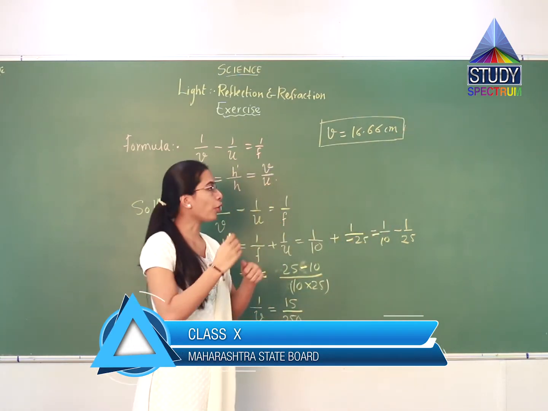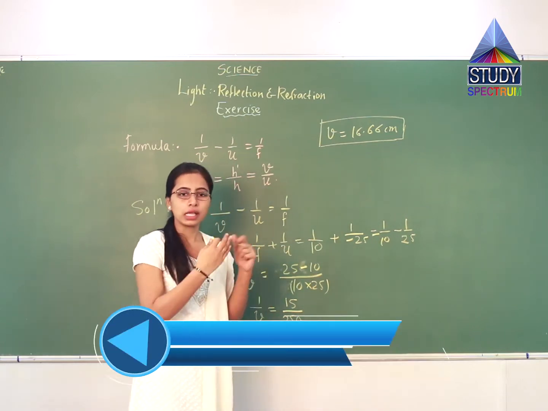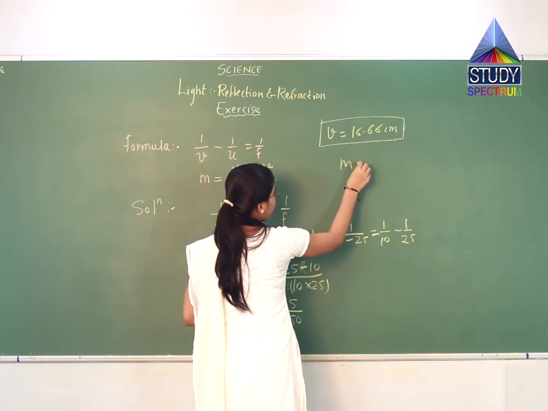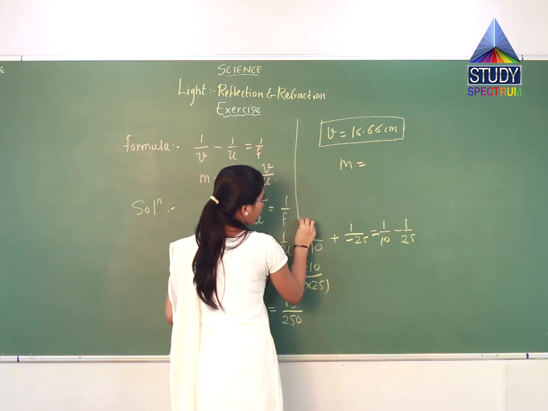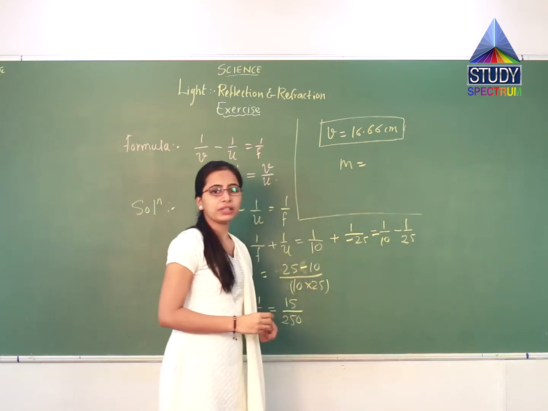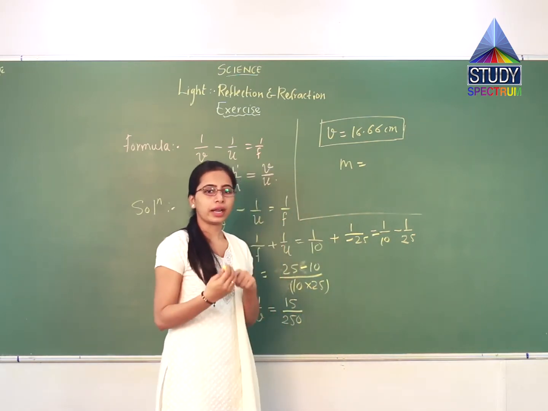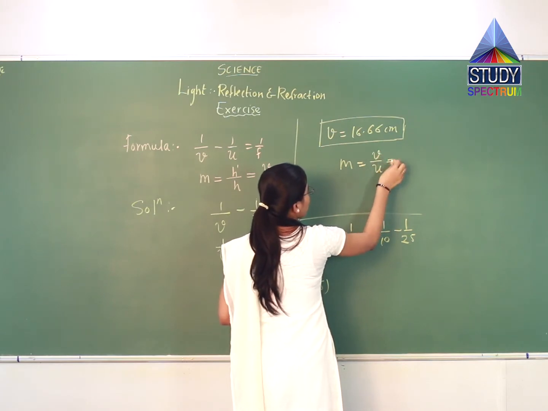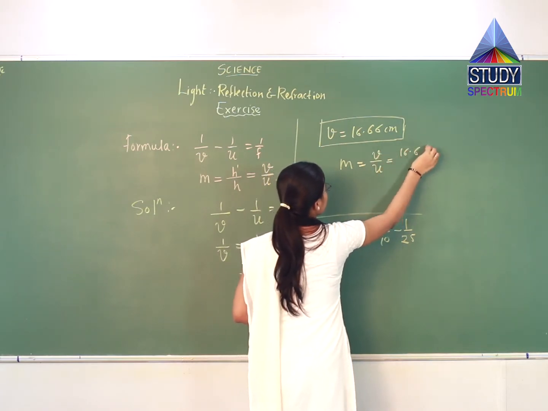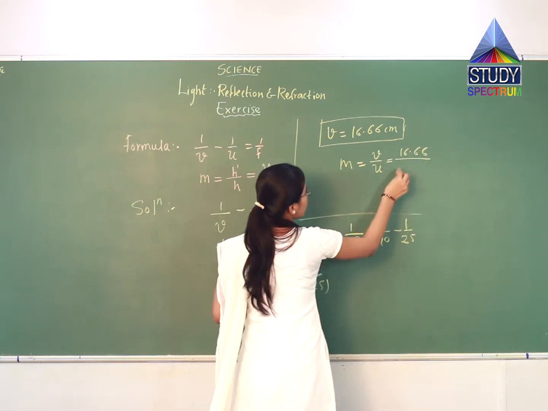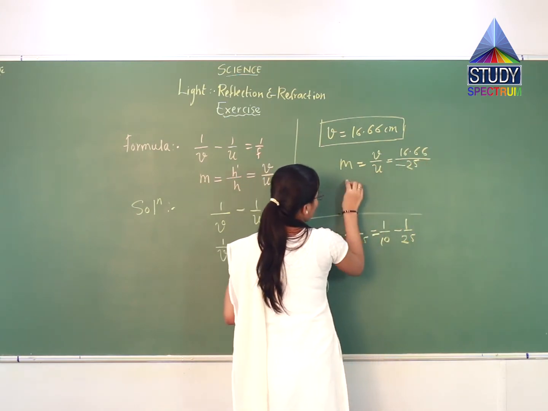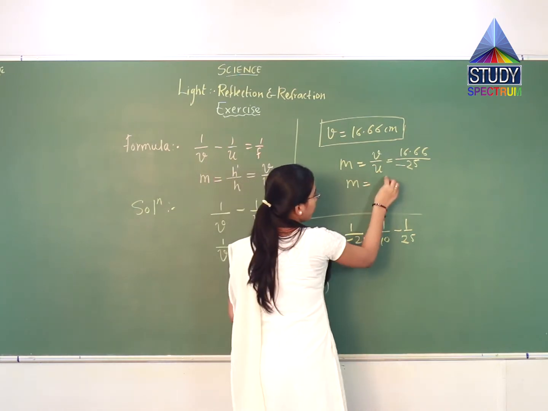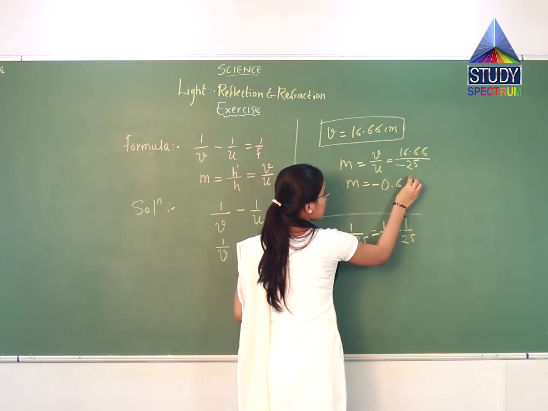Because the image is formed on the right hand side of the lens, so that's why it is positive. Now let us find magnification. For the magnification we will write it in the form of v and u. So v is 16.66 upon u is minus 25. So magnification you will get negative here, it will be minus 0.66.